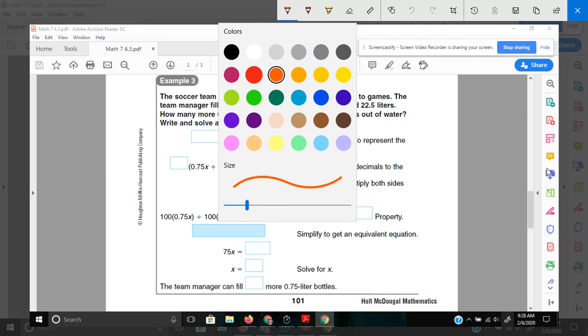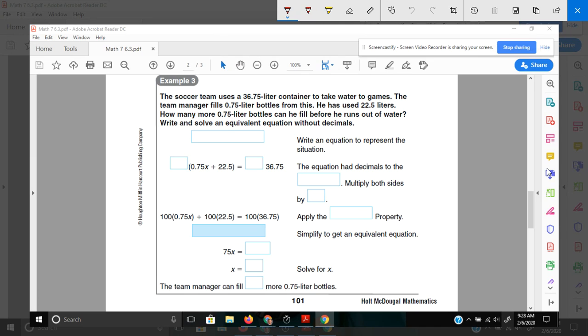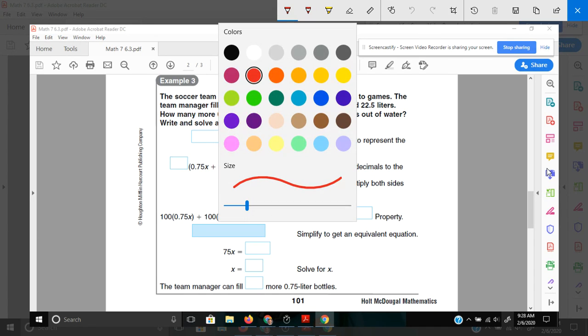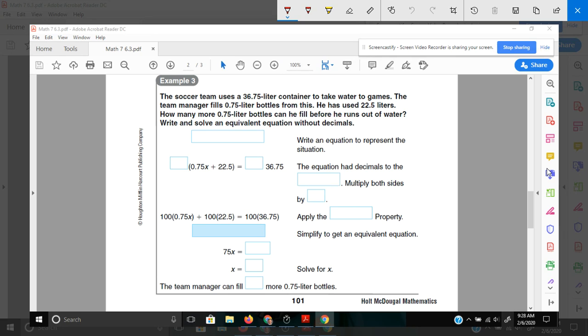So 3/4 of a liter bottles, but he's already used 22.5 liters. How many more 3/4 liter bottles can he fill before he runs out of water? Write and solve an equation. Write and solve an equivalent equation without decimals.